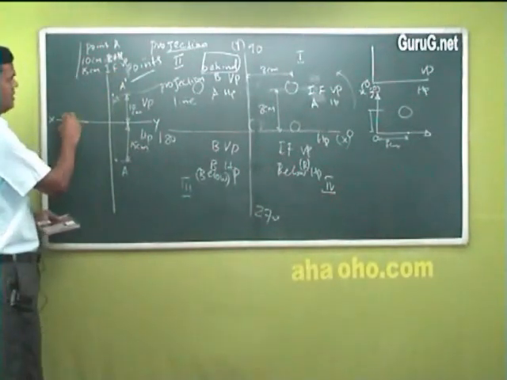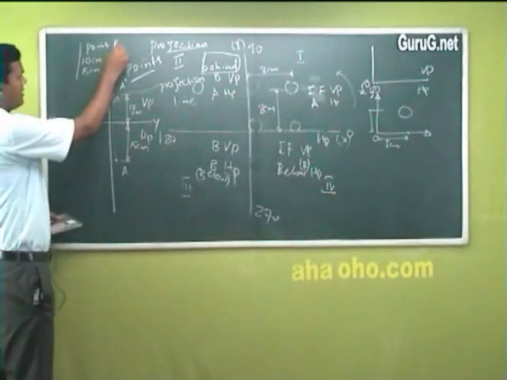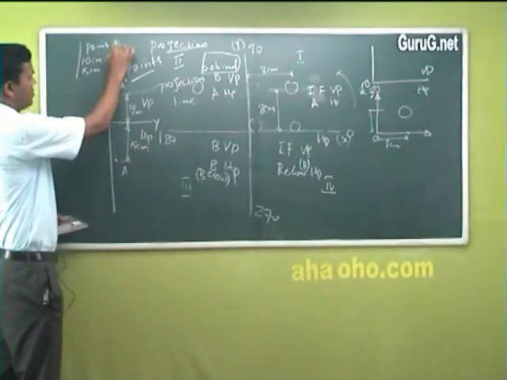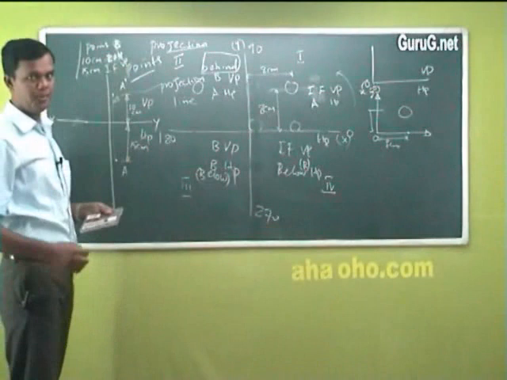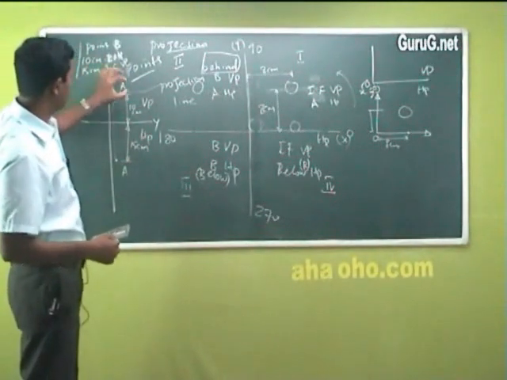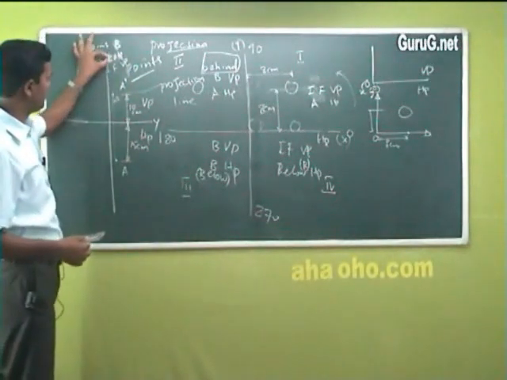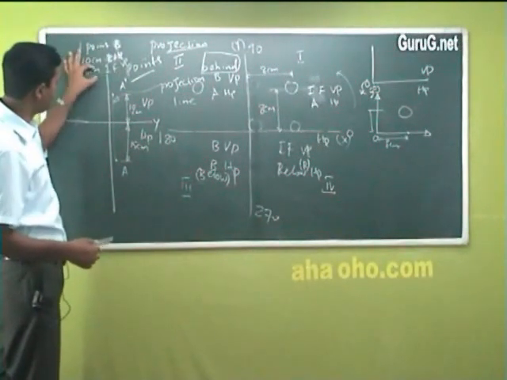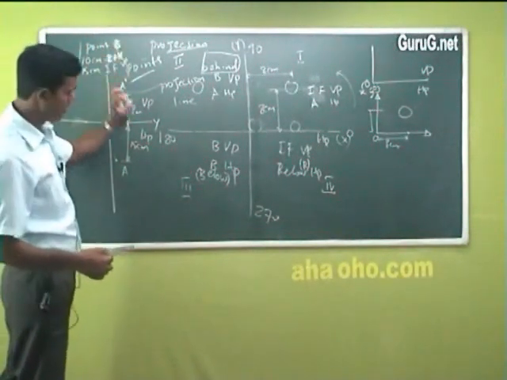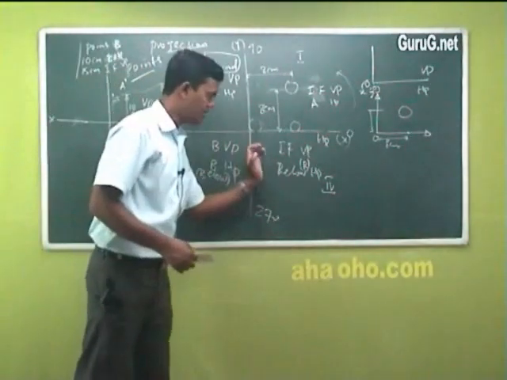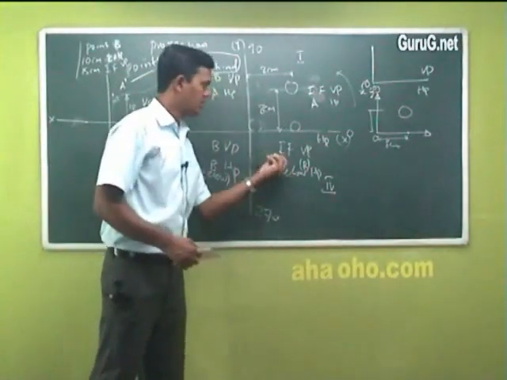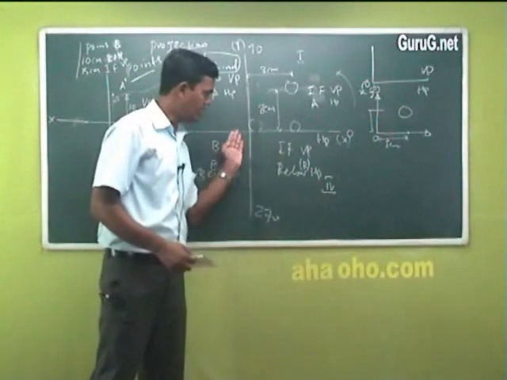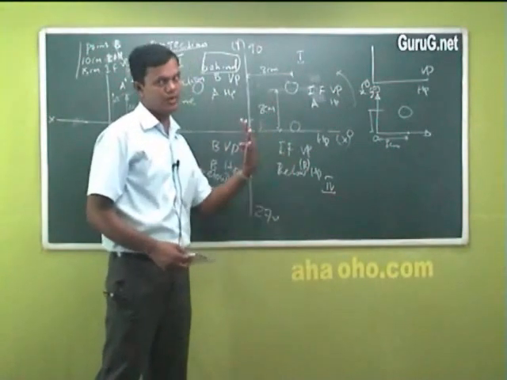For the second question, I'll change the notation to point B. Point B is placed 10 centimeter below HP and 15 centimeter in front of VP. You should understand that below HP means this place, and in front of VP means it becomes the fourth quadrant.